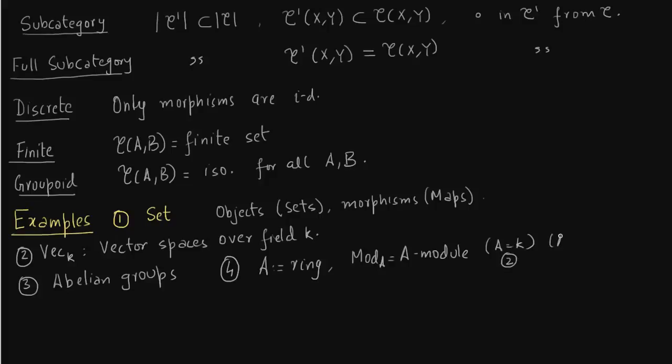If we take A as integers, we get example number 3. Now another example is the category of rings. The objects are rings and the morphisms are ring homomorphisms. And for our purposes, 1 will be sent to 1.